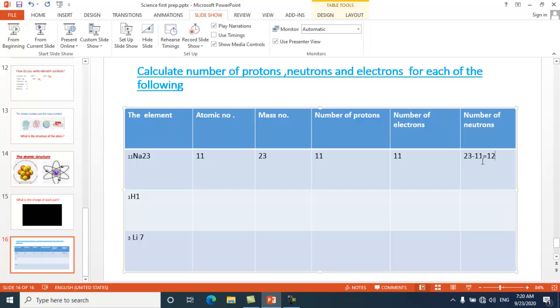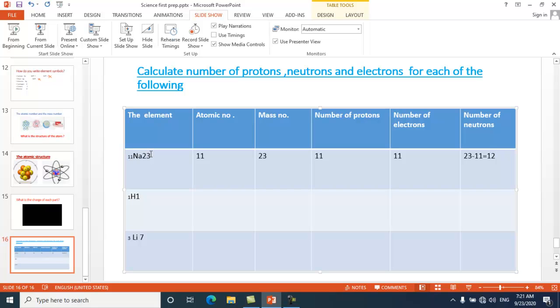So how to calculate the number of neutrons? The mass number minus the atomic number. Why? Because the atomic number is the number of protons.